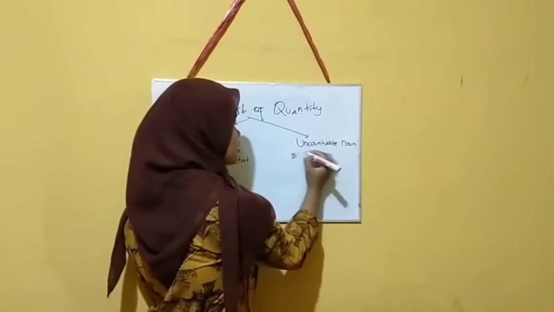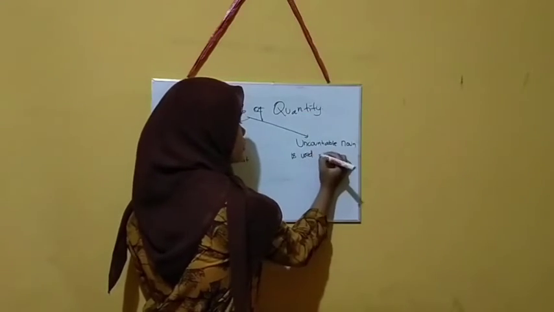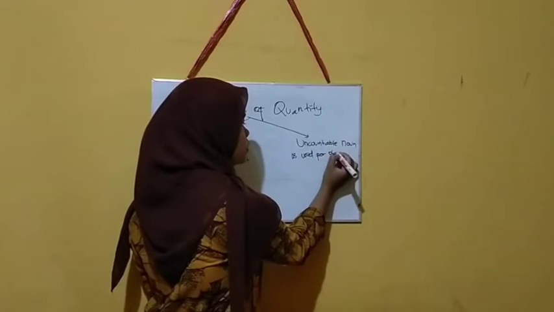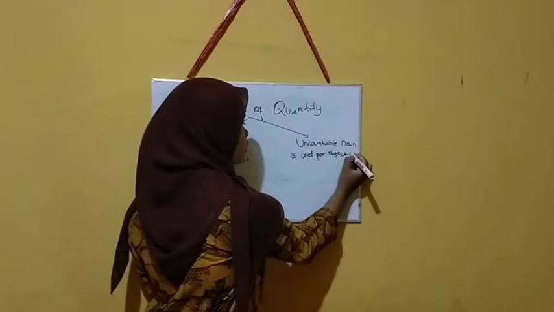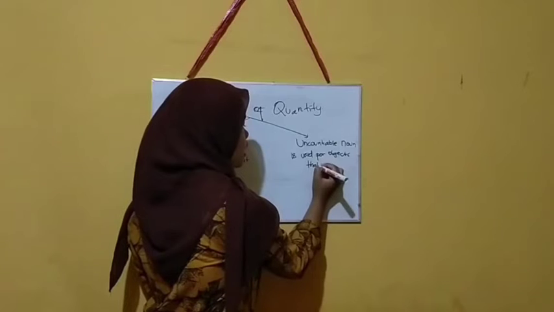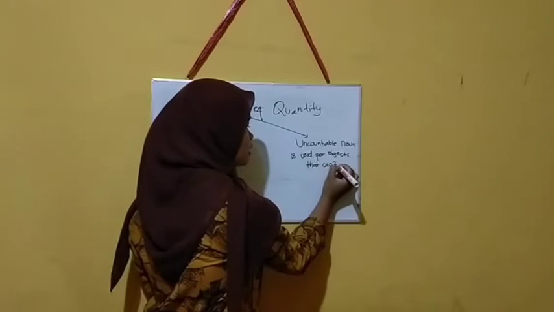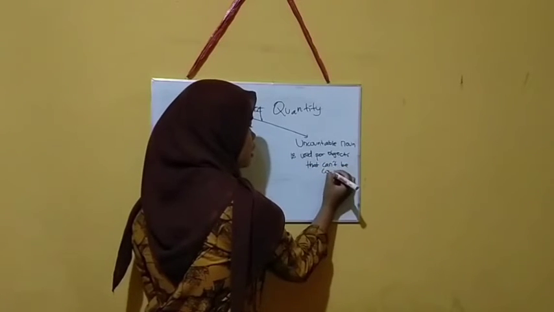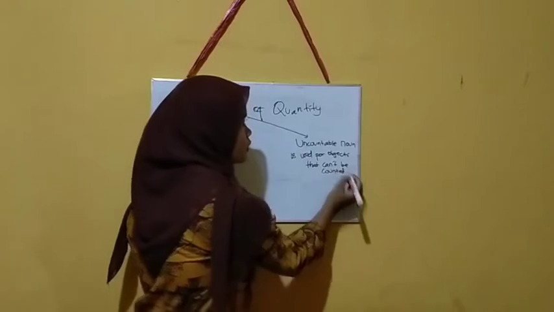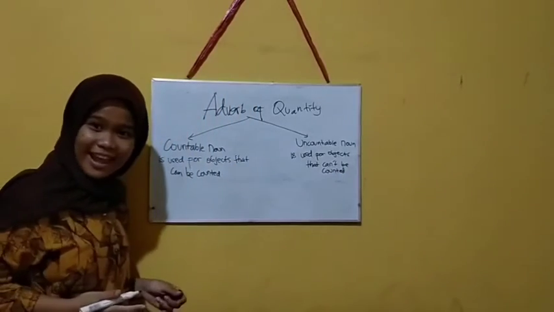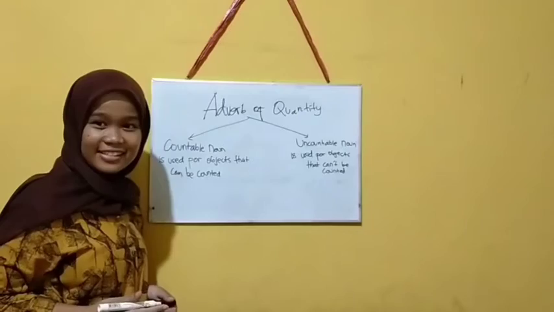Uncountable noun is used for objects that cannot be counted. Do you understand? Yes.